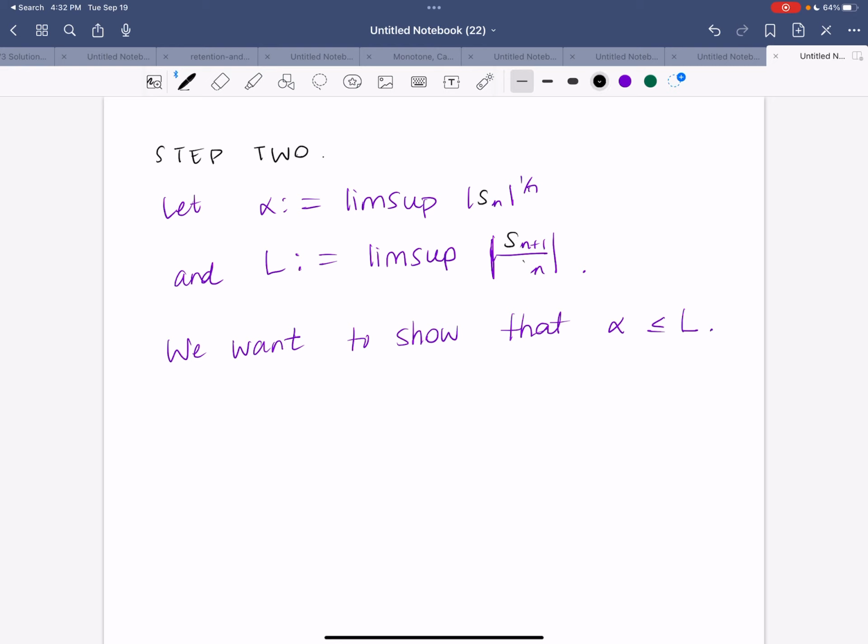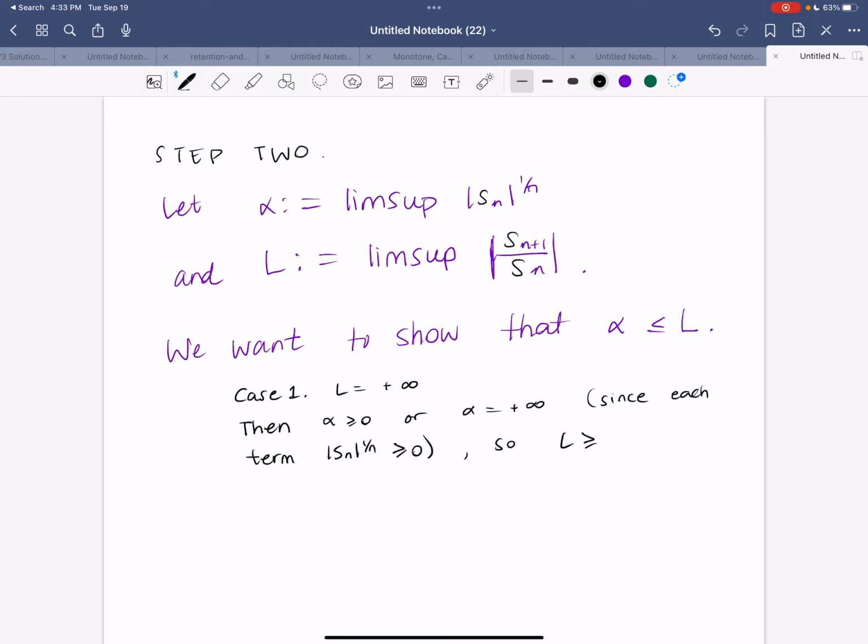So s sub n. Okay, so we want to show that alpha is less than or equal to L. And so let's just say case 1, L equals plus infinity. Then we're done. Then alpha is bigger than or equal to 0, or alpha is equal to plus infinity, since each term is bigger than or equal to 0.